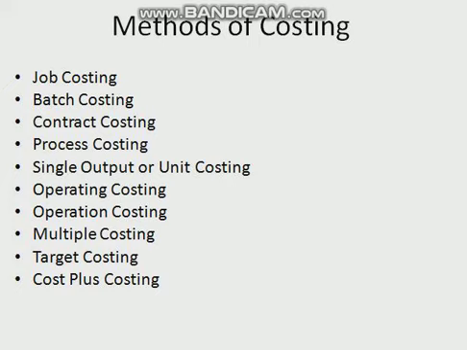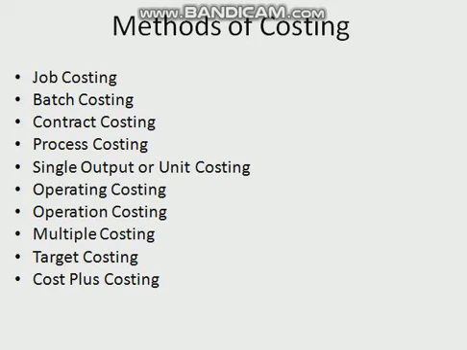The output of one process is transferred to another process, and there can be chances of byproducts and joint products in process costing, like when we obtain petroleum, with petroleum we obtain many other things like diesels, pharmaceuticals, which are useful.